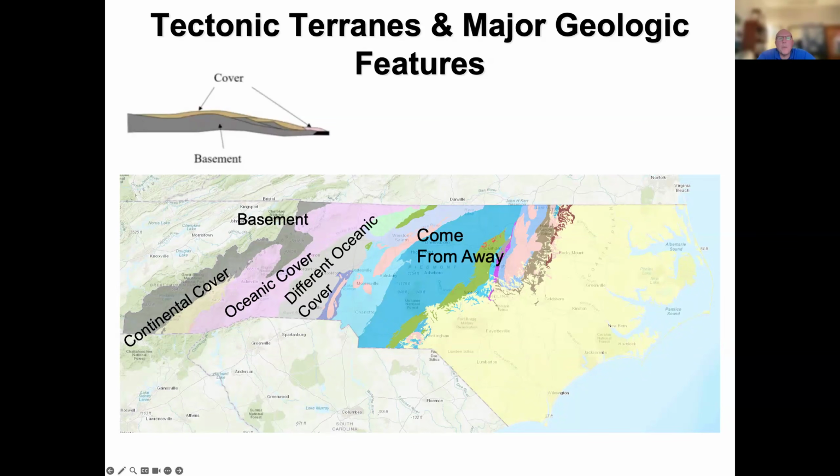I want to use the word basement because we've got a lot of basement in Maryland. When I use that word basement, we're usually referring to old crystalline rocks, like igneous and metamorphic rocks. Hard rocks, geologists sometimes like to call them.